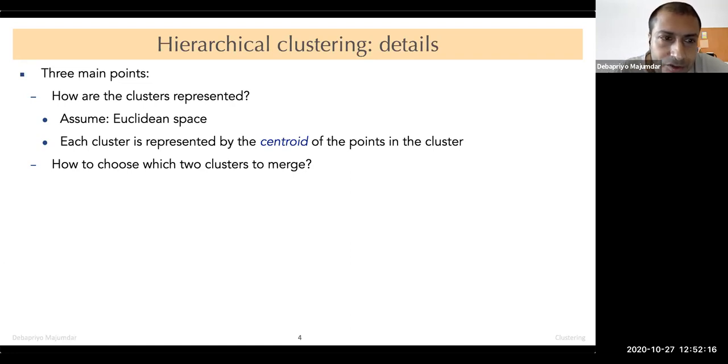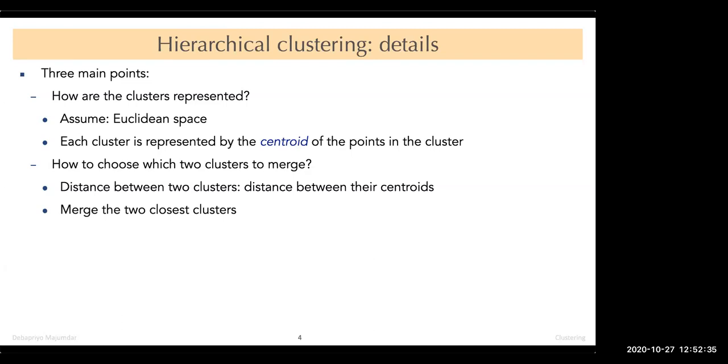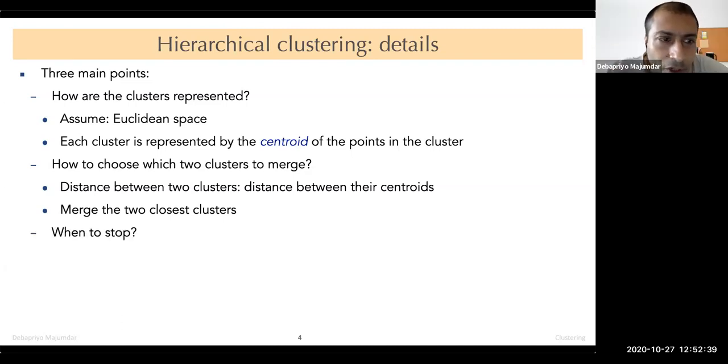So which two clusters should we merge at any point of time? Well, in the example, we took the distance between two clusters as the distance between the centroids. So if we compute the pairwise distances between all the clusters, we merge the two closest clusters.